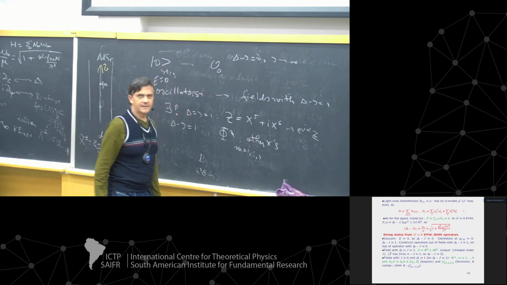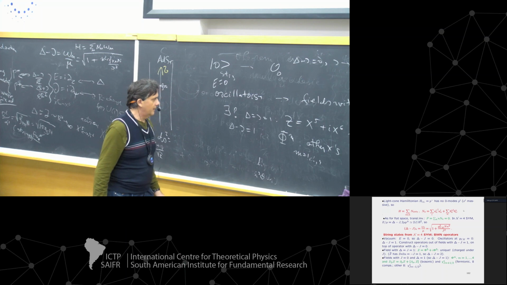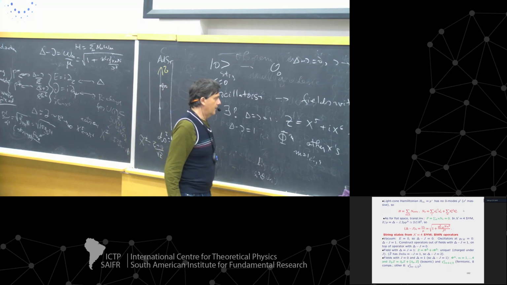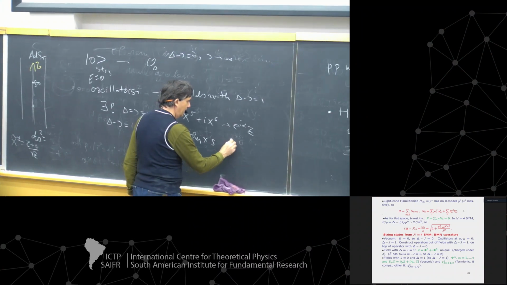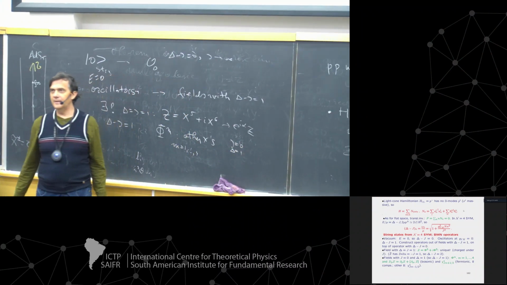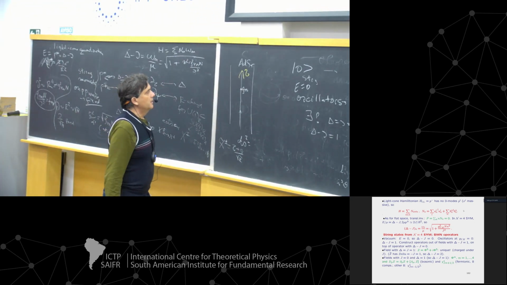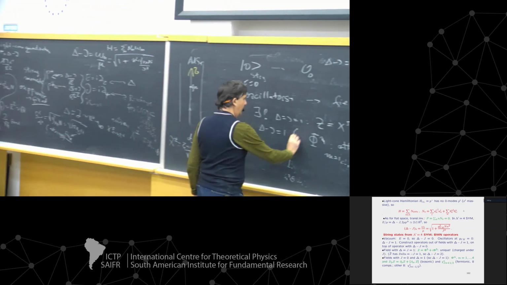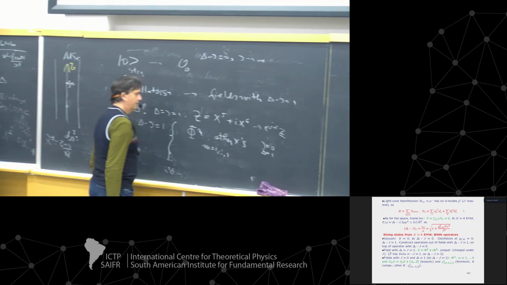So we had 6 x's. 2 of them are combined into z. And then the other x's are not charged under the rotation, so they have j equal to 0. But the dimension is still 1, like for any scalar in 4 dimensions. So I have these 4 scalar fields.